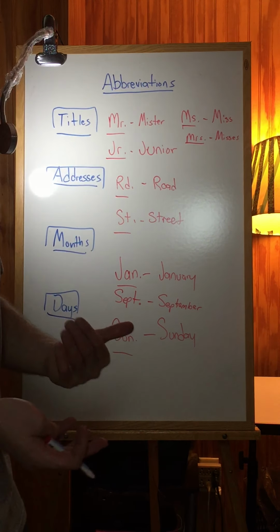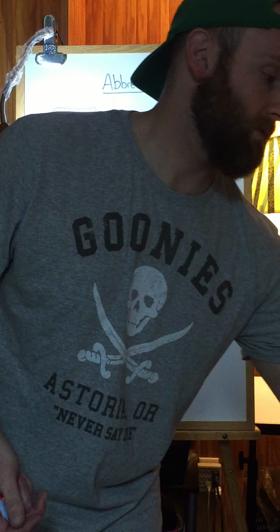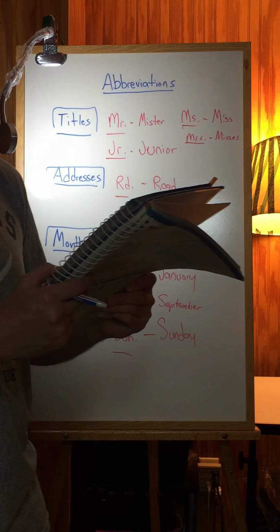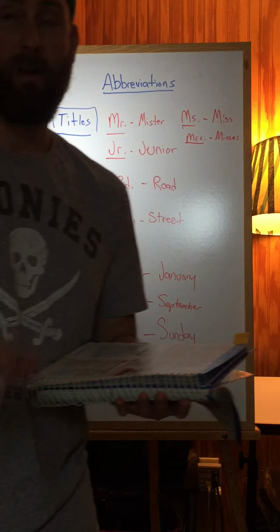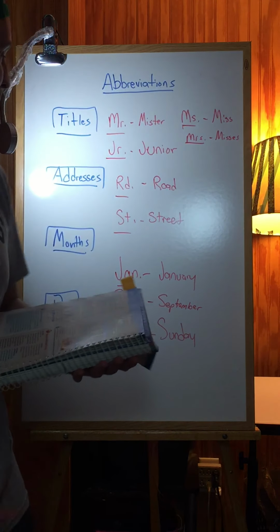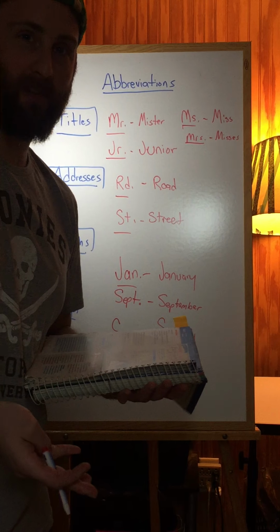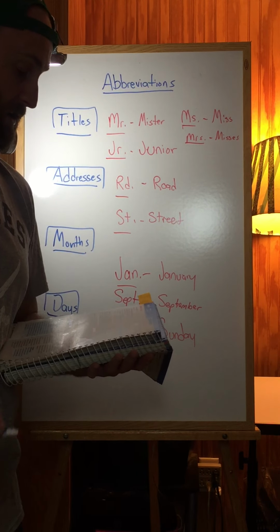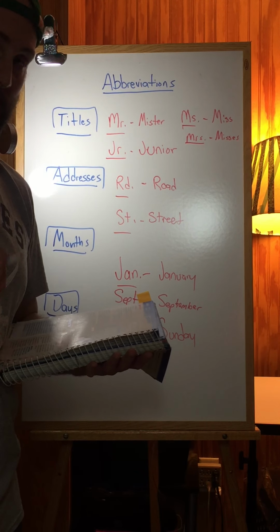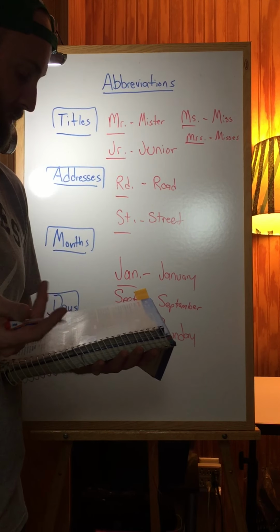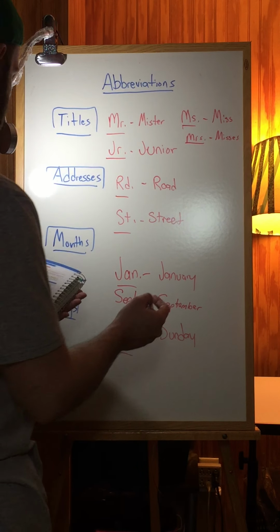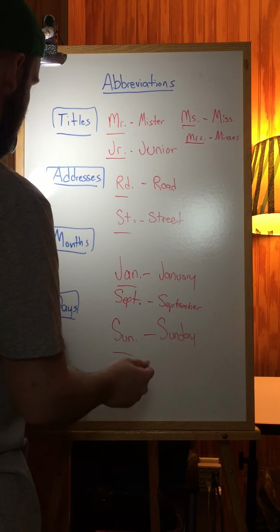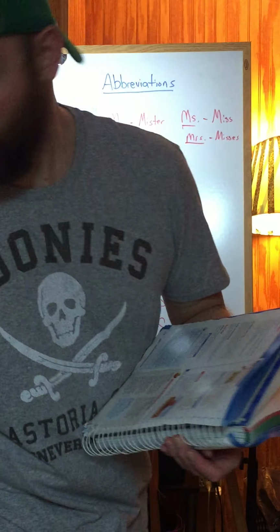Now there are other addresses that use abbreviations. Now, if you are a company or post office, you will see it in the address. Like, for example, let's say Marina Boat Company. Okay. And if I could find my eraser, I set it down somewhere. There it is. Let's just erase some of this.